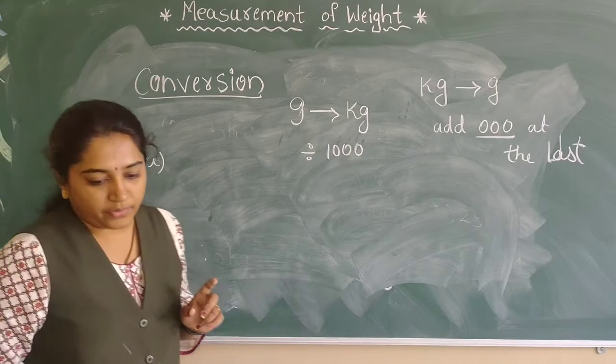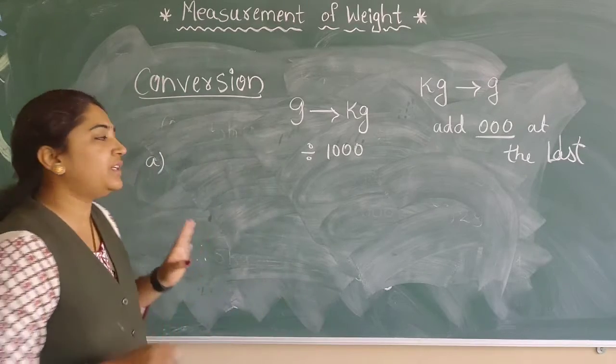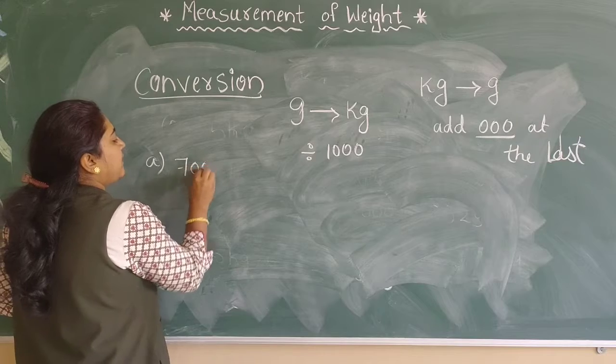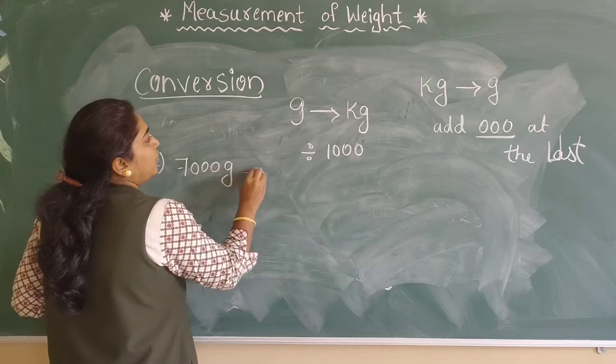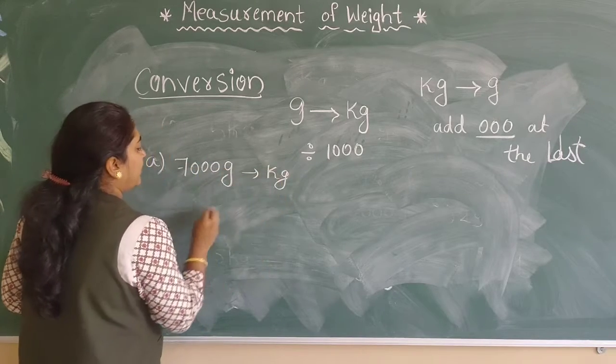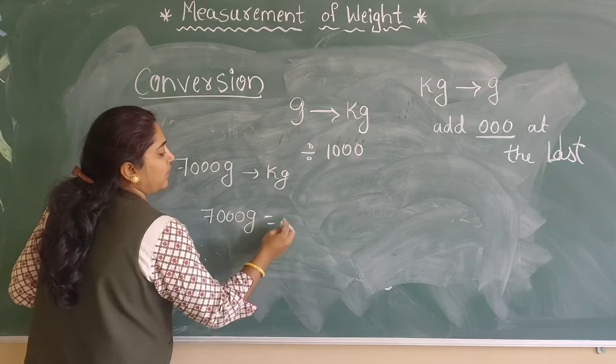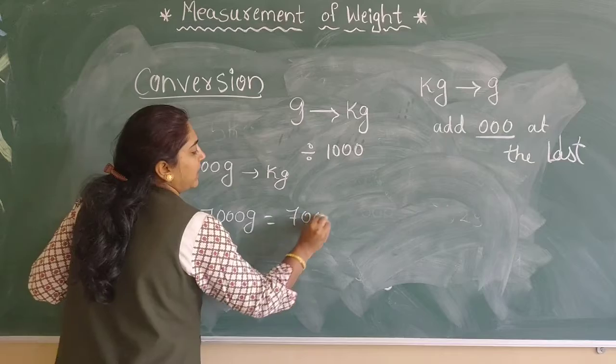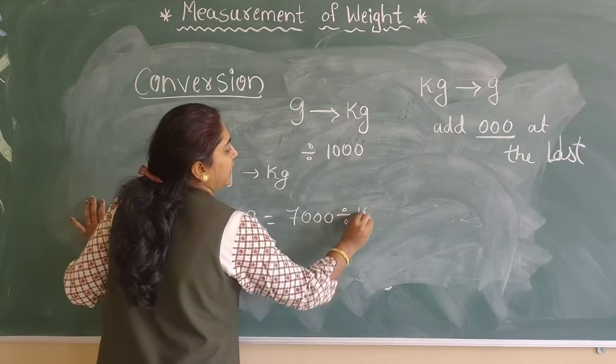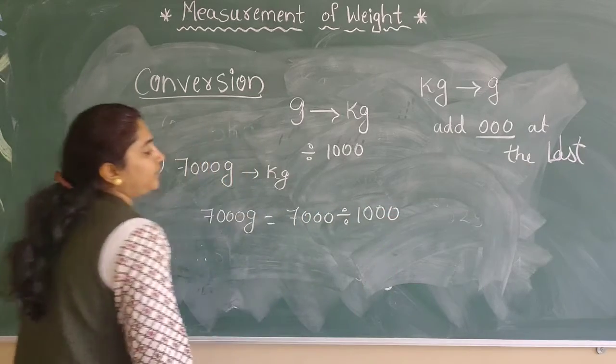If I want to convert 7000 gram to kg, then what will I do? 7000 gram is equal to 7000 divided by 1000.